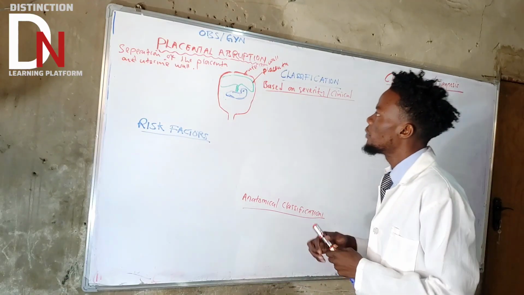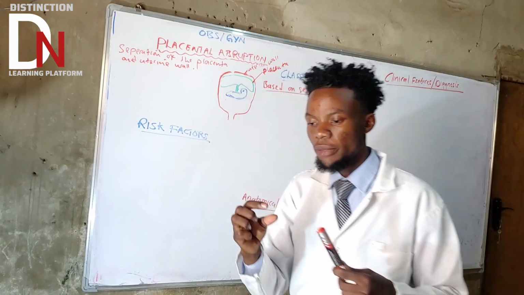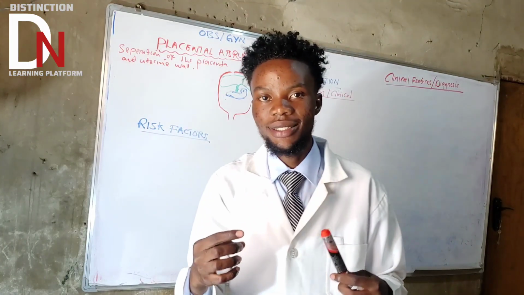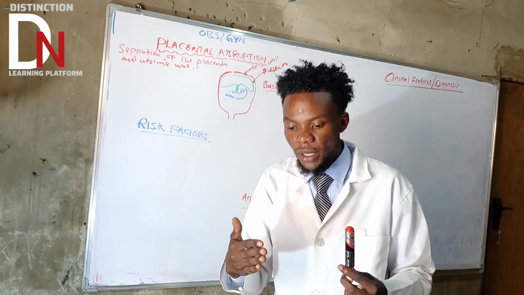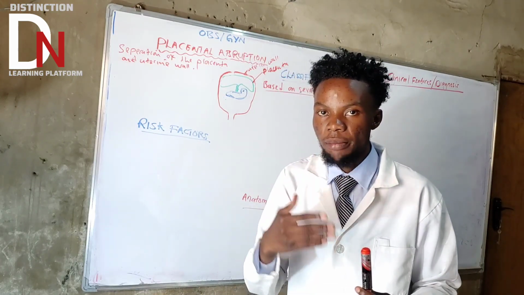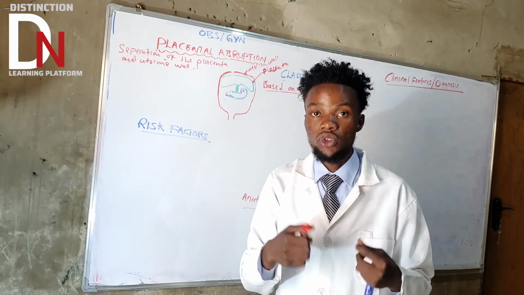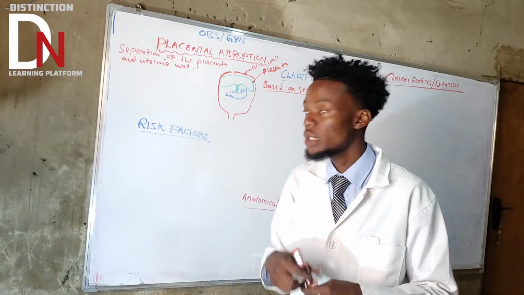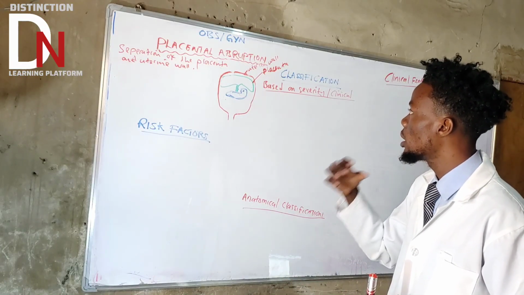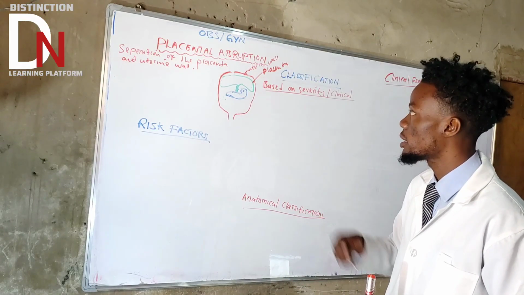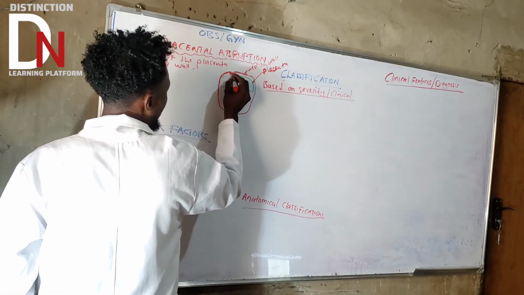Between the placenta and the uterus there are arteries. If there is a separation, they are going to rupture and bleed. That type of bleeding is what we call retroplacental bleeding, the bleeding that occurs between the uterus and the placenta.